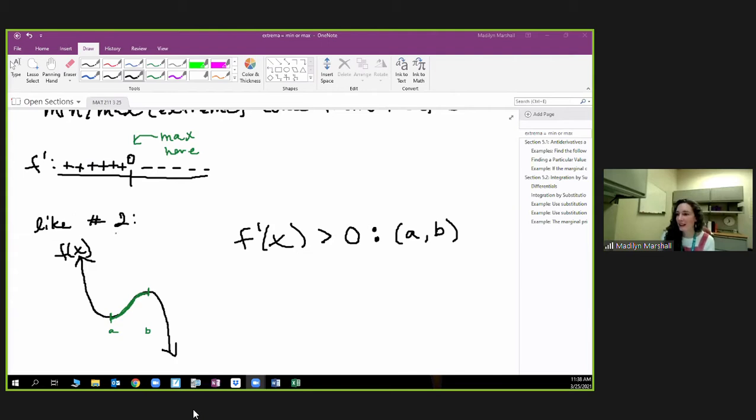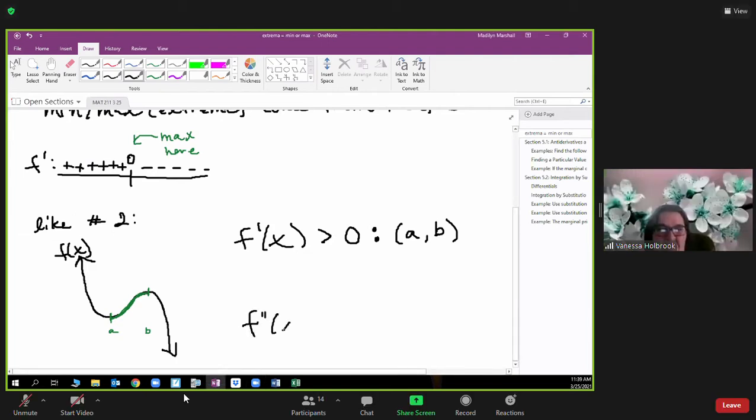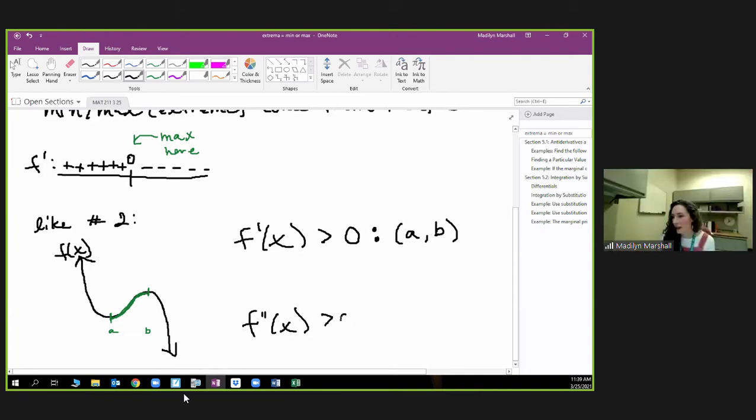Whereas the second derivative being greater than 0. So the first derivative is talking about whether something is increasing or decreasing. So this means increasing. First derivative tells us if the graph is increasing or decreasing.